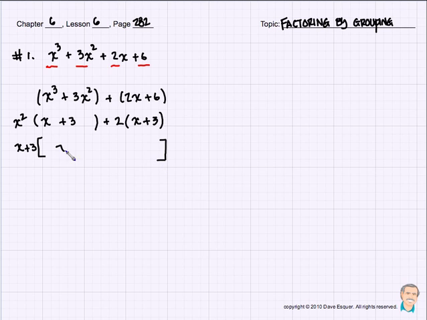And if we do that, we're left with x squared plus 2. So, to clean it up, x plus 3, x squared plus 2. The clue is we're going to have 4 terms in each of these problems.